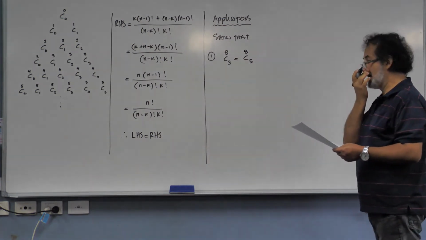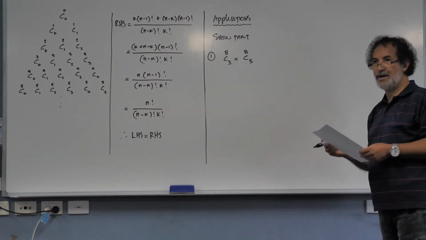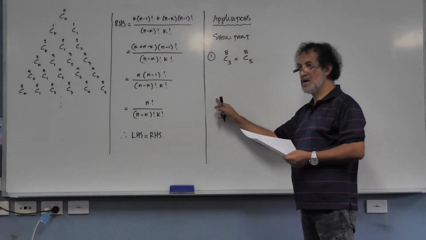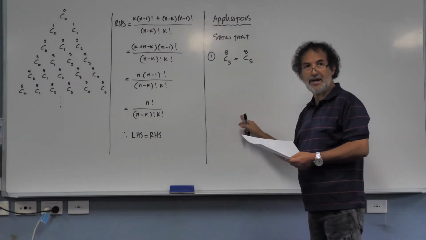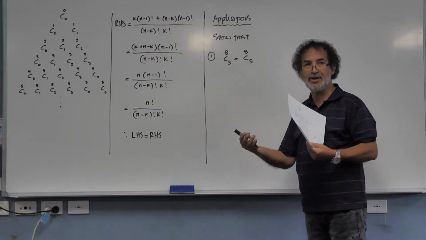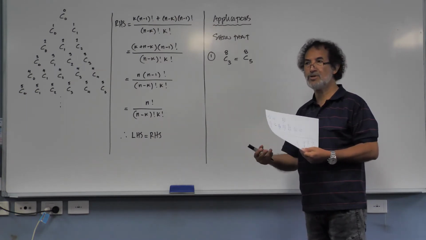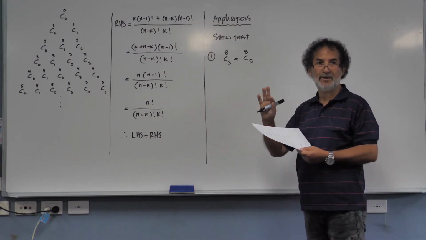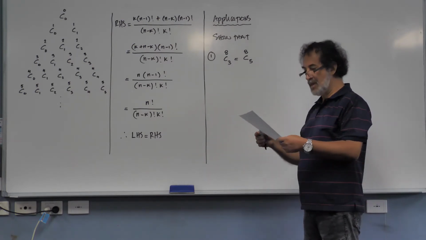So you're going to prove that 8C3 is equal to 8C5. How are you going to do this? Well, you're going to do the left-hand side using the formula, and then the right-hand side using the same formula, and then you're going to compare. And the conclusion will be the left-hand side is equal to the right-hand side. That's how you do this.